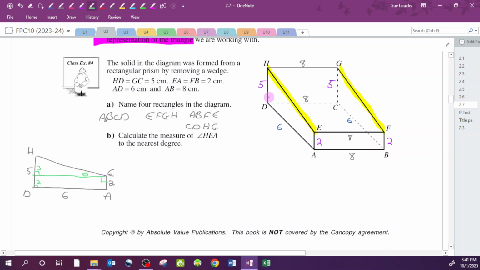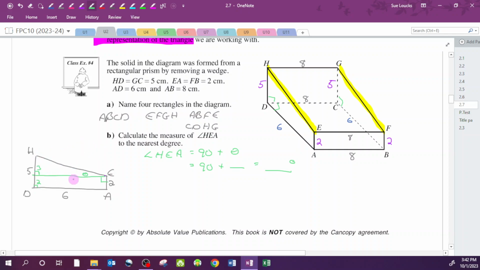They're hard to draw in a 3-dimensional drawing. So I can say from this that angle HEA is going to be 90 plus theta. It's going to be 90 plus something, and that's going to equal something degrees. Then I can find out theta.